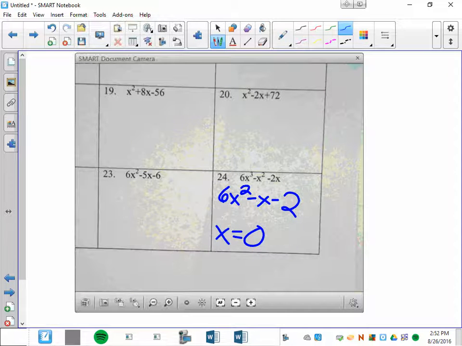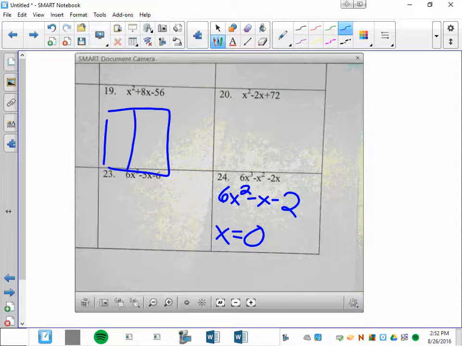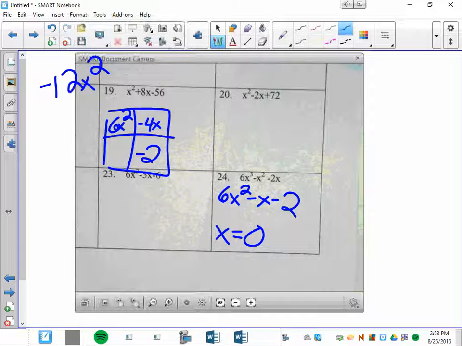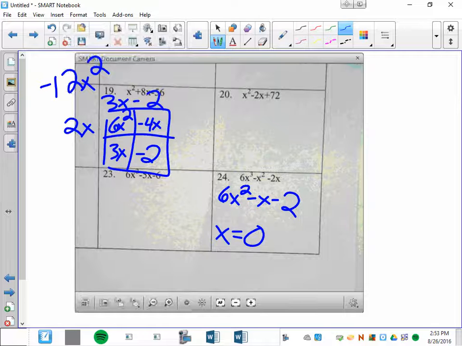Now, we put this in the box. 6x squared and -2. We times those together. -12x squared. Are there factors of -12 that add to be -1? -4 and 3. What does the top row share? 2x, which makes this 3x minus 2. And this is 1.